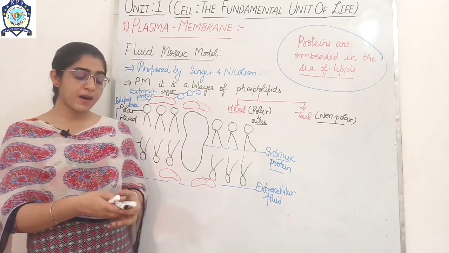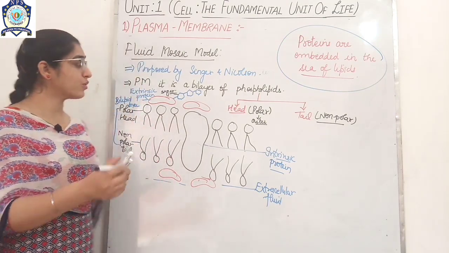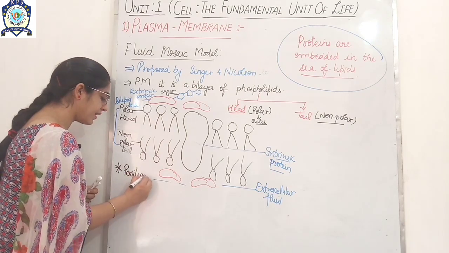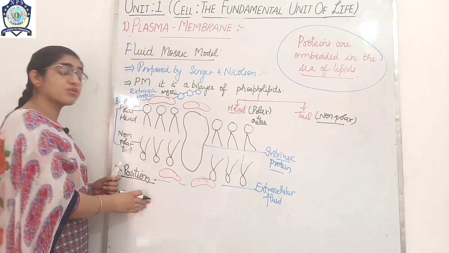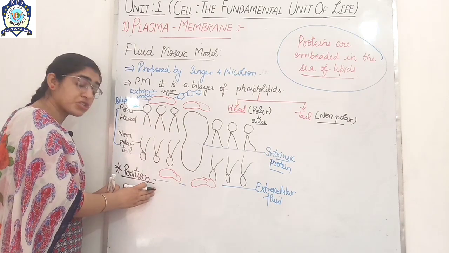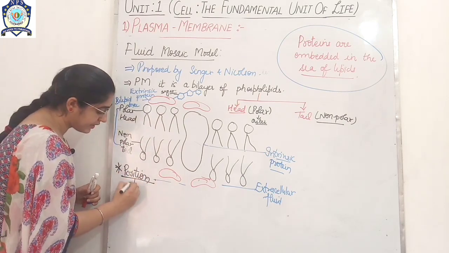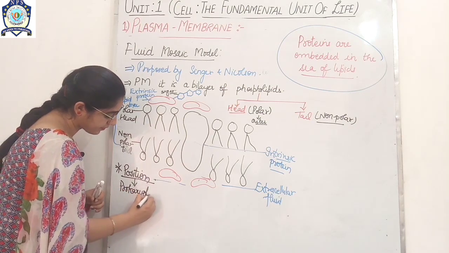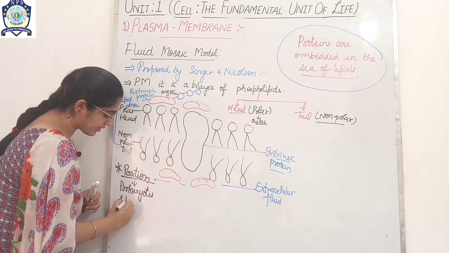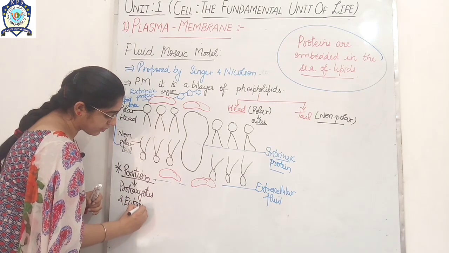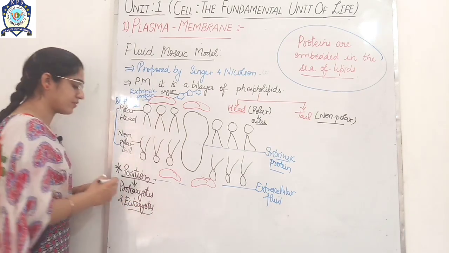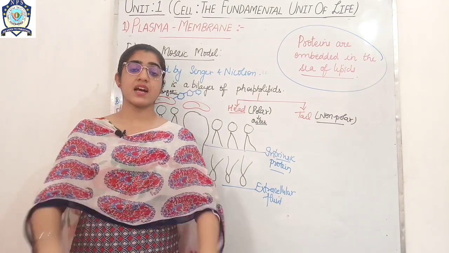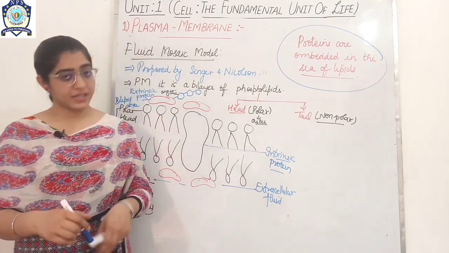And if we talk about the position, or you can say the location, कि प्लाज्मा मेम्ब्रेन कहाँ प्रेजेंट होता है, तो स्टूडेंट्स, पोजीशन क्या होती है? प्लाज्मा मेम्ब्रेन इज प्रेजेंट इन बोथ प्रोकैरियोट्स as well as the eukaryotic organisms. It is present in both prokaryotes as well as in the eukaryotic organisms.